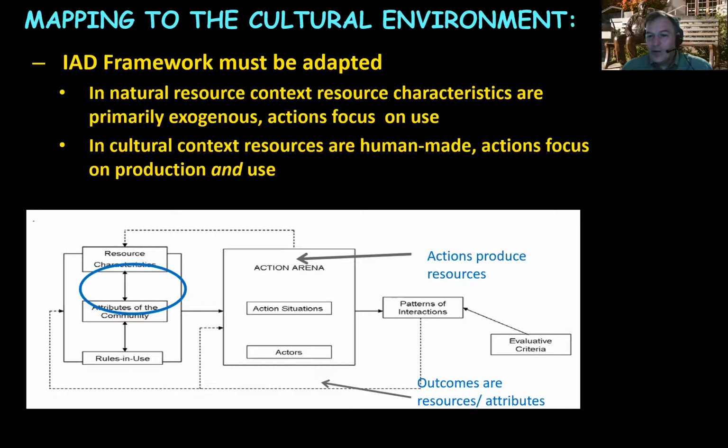Resource characteristics, community attributes, and the governing rules in use are all inputs that affect what happens in an action arena. Over time, as patterns of interactions accumulate and feed back into new action situations, influencing things in a dynamic way, new knowledge resources can be produced, and that can define and redefine the community in different ways. These are the kinds of things we want to pay attention to.